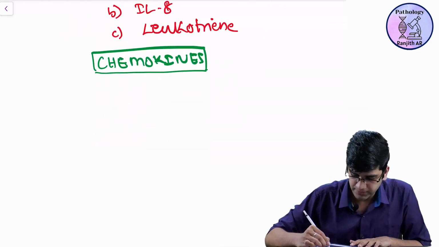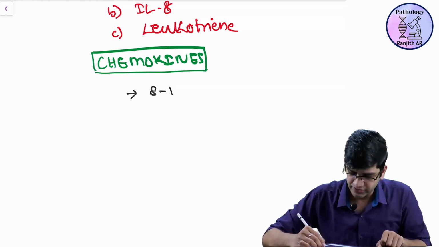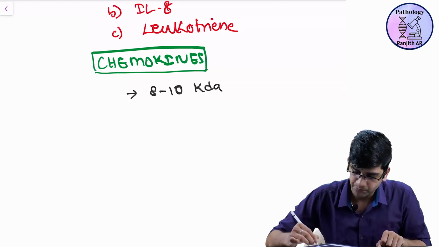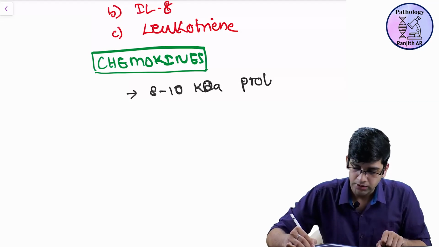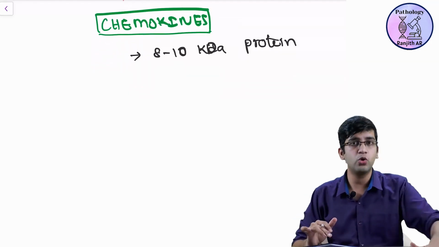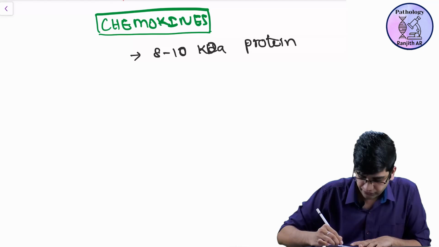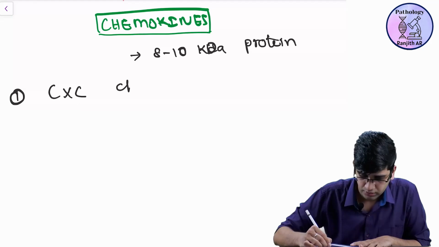So what are chemokines? Chemokines are very, very tiny proteins, 8 to 10 kilodalton, it's capital D, kilodalton proteins, the molecular weight, which are going to help me in the chemical process. We have totally 4 groups of chemokines. The first group of chemokine, I'm going to call it CXC chemokines.